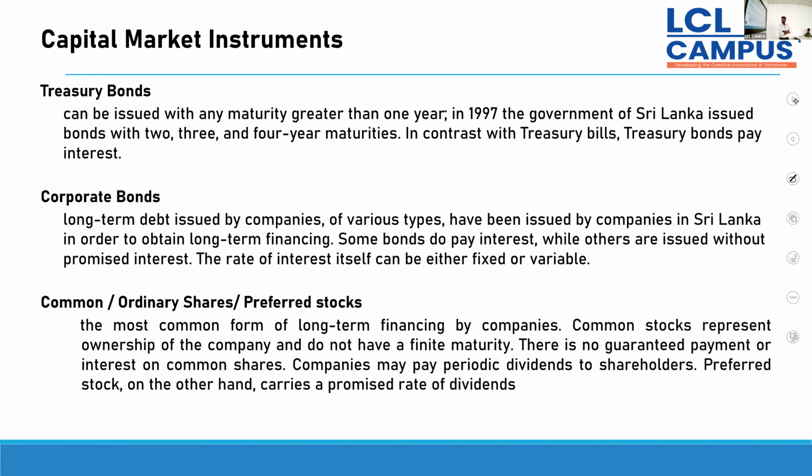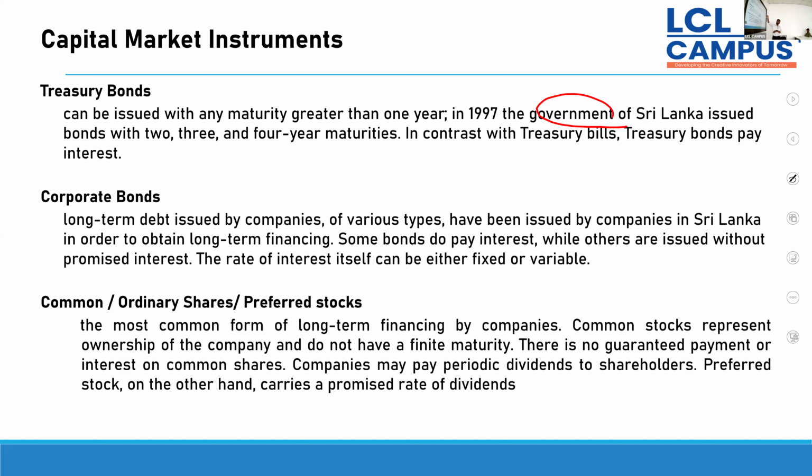Next, capital market instruments. What are they? Treasury bonds, corporate bonds, shares, right? Who issues the treasury bond? Government, right? It issues with any maturity greater than 1 year. So treasury bonds normally have more than 1 year maturity. It can be a 2, 3, or 4 year bond.